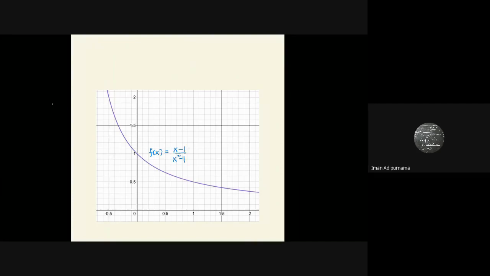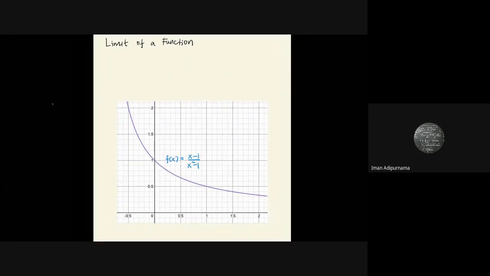This is the graph, this is the function, and the value of x near x equal 1. I will write the function one more time here: x minus 1 over x squared minus 1. If I plug in 1, it will be a 0 over 0 situation.